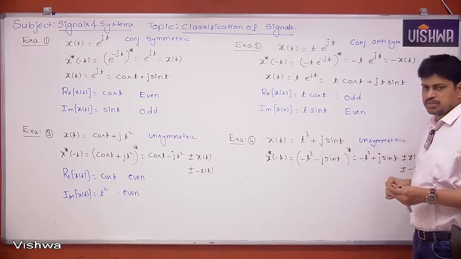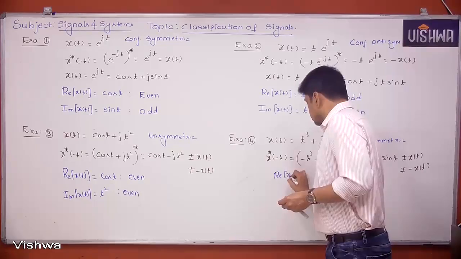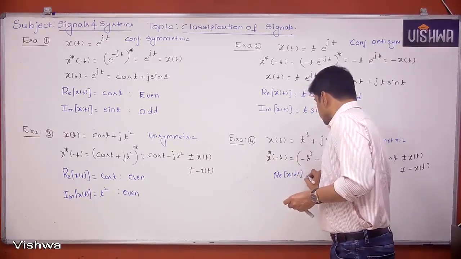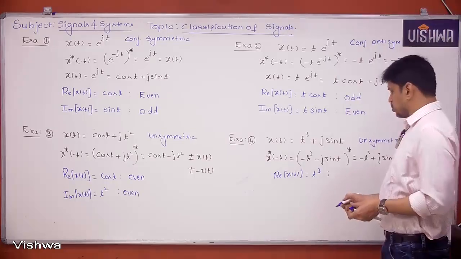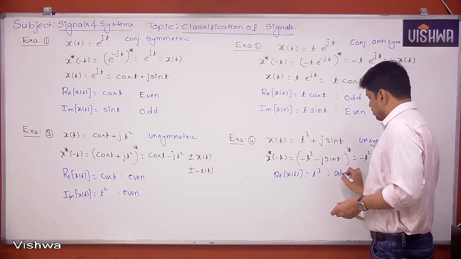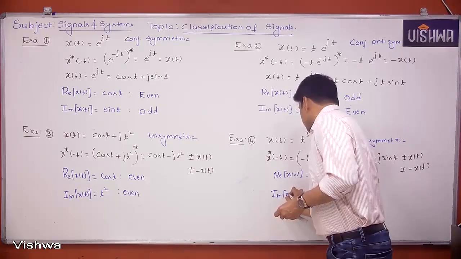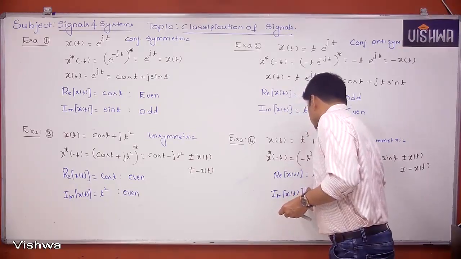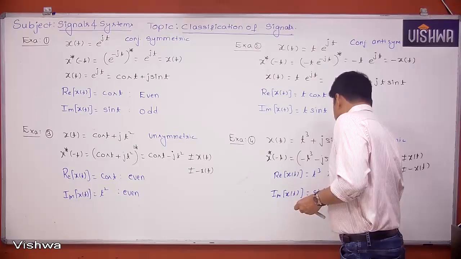Here, what is the real part? It is t cube. If t is replaced with minus t, this is going to be minus, so it is odd. Imaginary part of x of t, which is sin t, that is also odd.